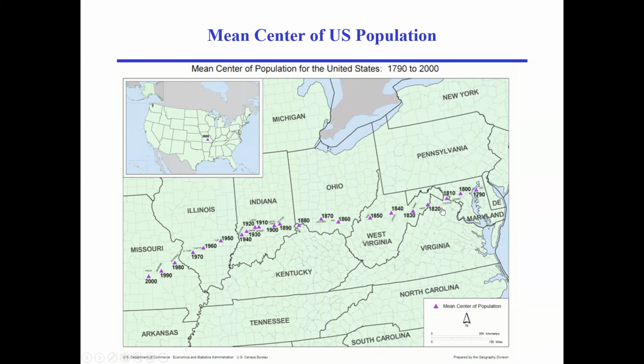First immigrants of this country arrived on the east coast of the United States, right? And they expanded their homeland to the west gradually in the last 200 years. That's the reason why the mean center of population of US is also moving west.